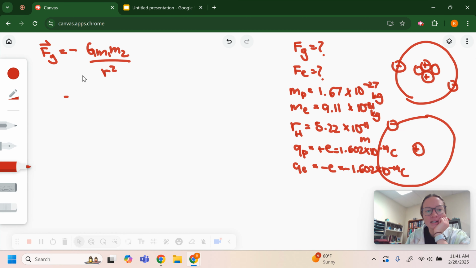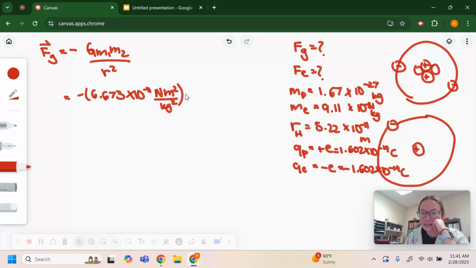Then we'll plug in numbers here. When you plug in numbers, you have to remember what G is. G is 6.673, I believe, times 10 to the negative 11th newtons meter squared per kilogram squared.